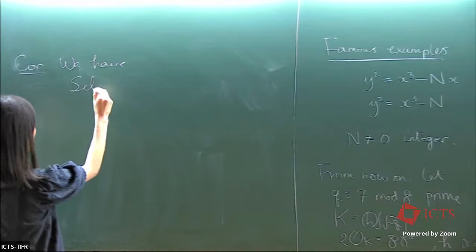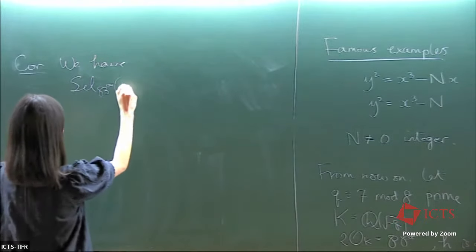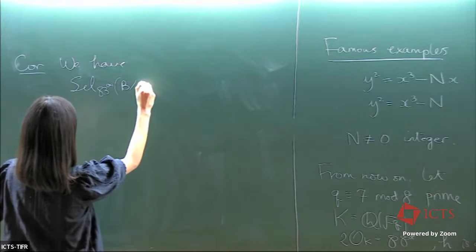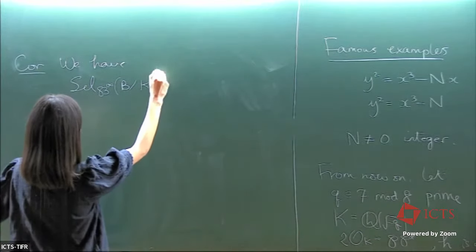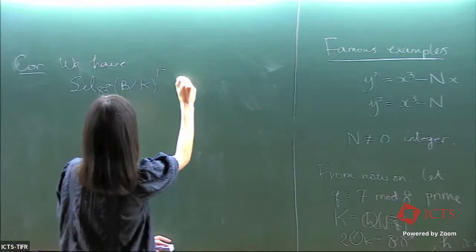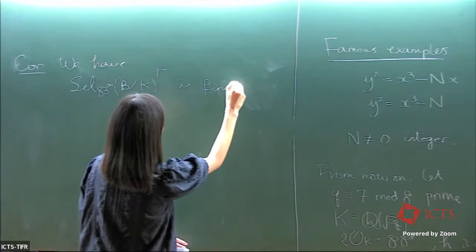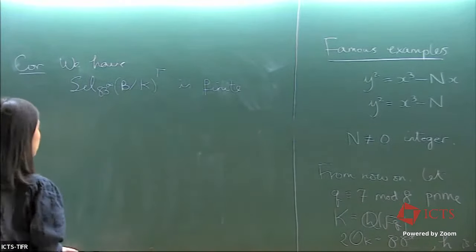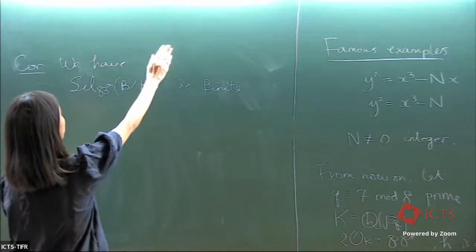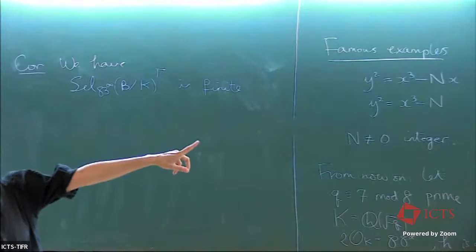The Selmer group of P over K, its gamma-invariant part is finite. And this Selmer group without the gamma is dual to the Iwasawa module X F infinity.